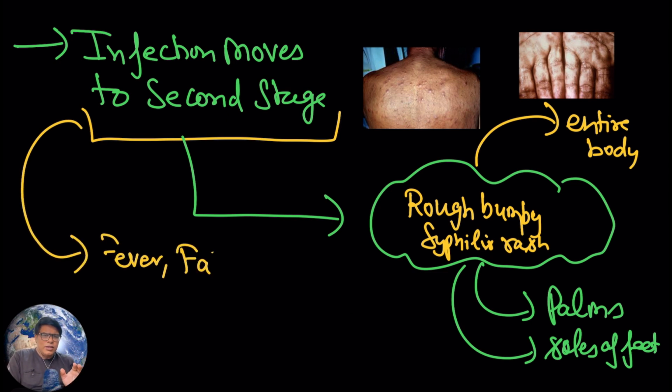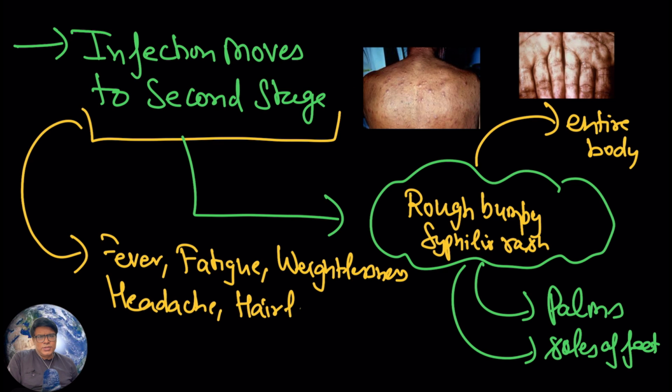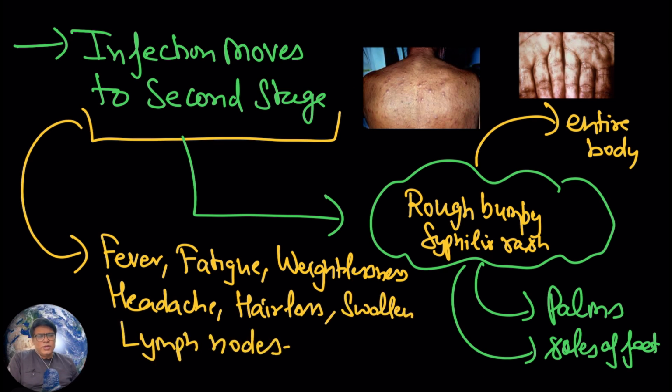Now in the second stage, the individuals are going to have fever, fatigue, weight loss, headache, hair loss, and swollen lymph nodes. So these symptoms are also going to appear.